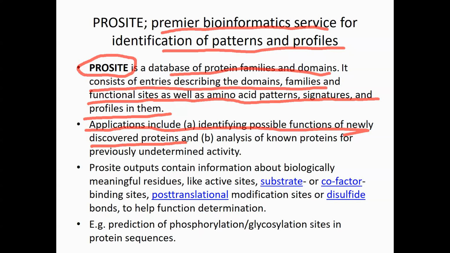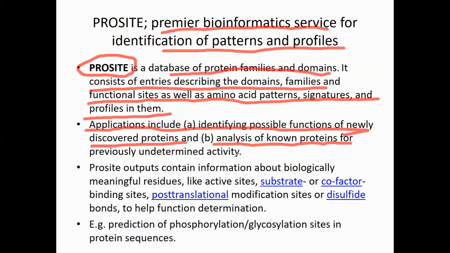So the profile search, or ProCite, can give us some clue about the possible function of that particular protein. Another application is the analysis of known proteins for previously undetermined activity.